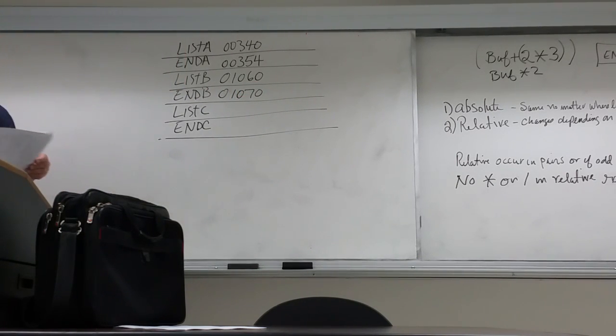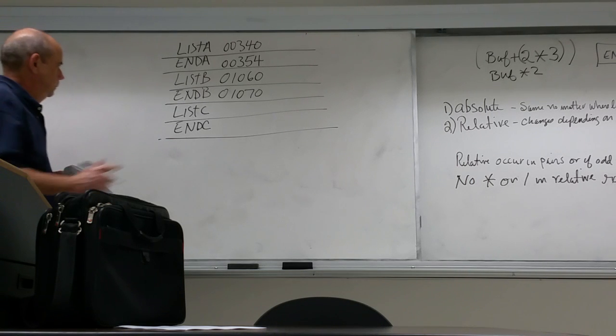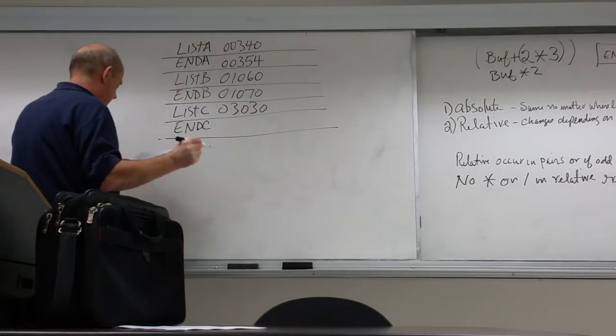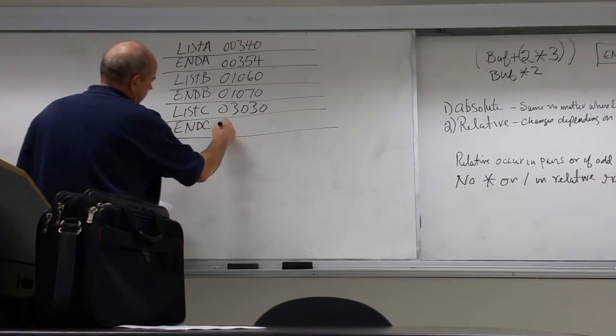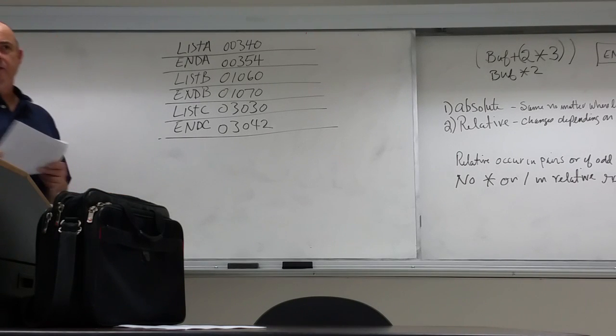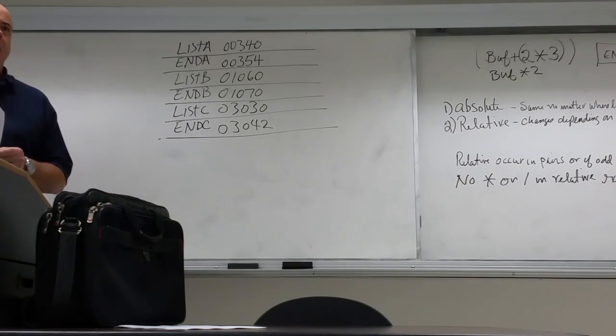And then we have list C, and list C loads at 3,000. So list C is what? 3030. And end C? Are we good? Now we're home free.